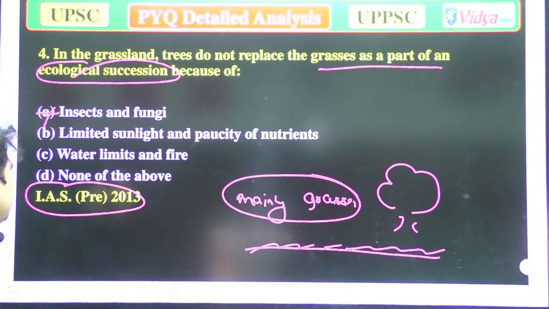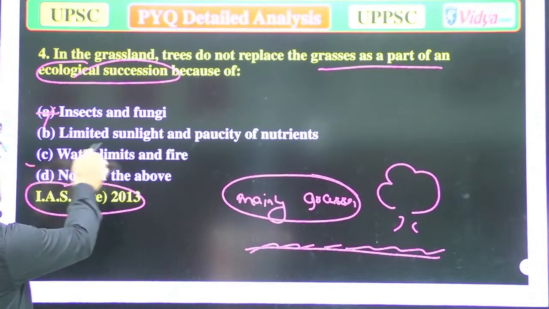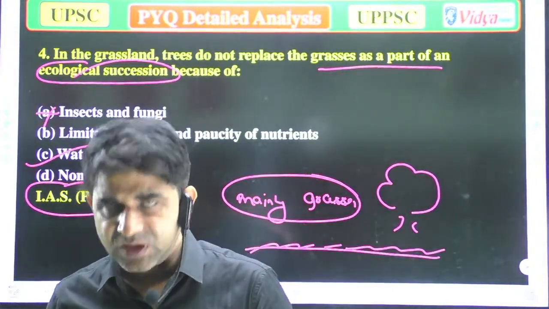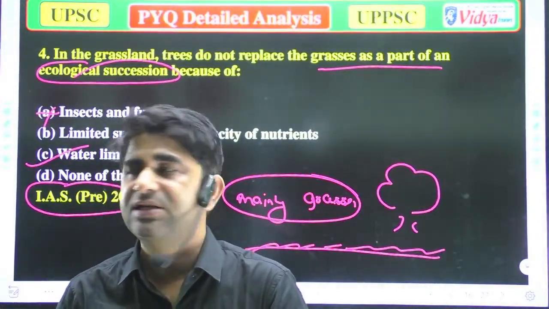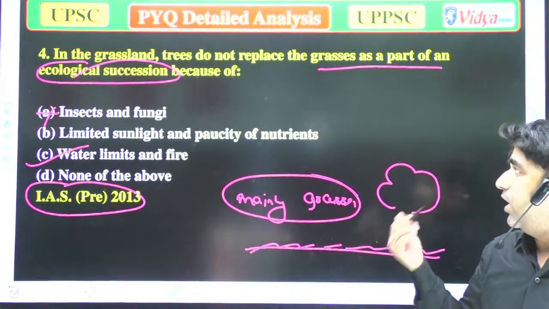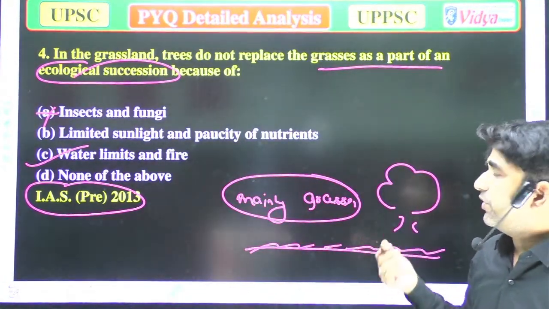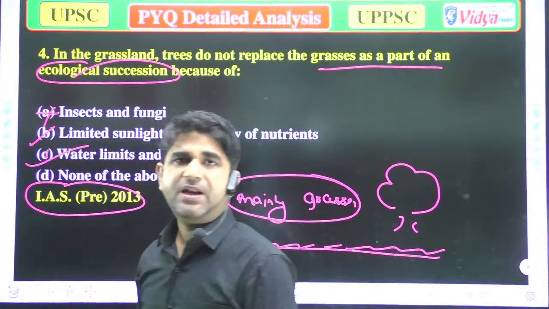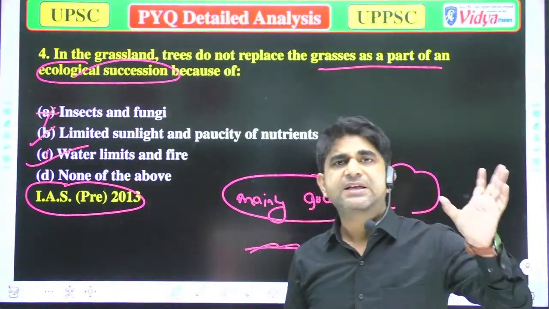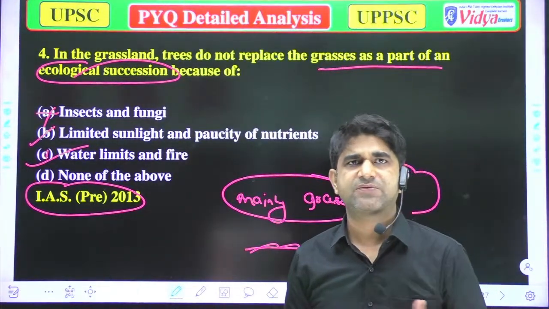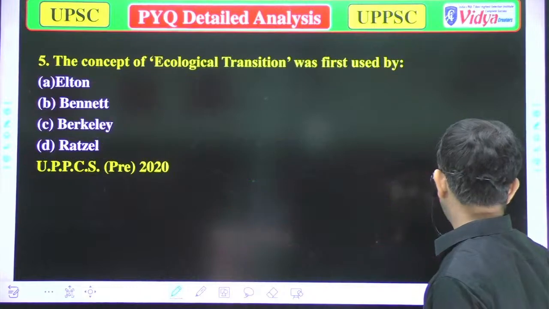The correct answer will be limited sunlight and paucity of nutrients. Mainly in grassland areas, the sunlight and nutrients are less. That is why trees cannot replace the grasses from a grassland. Now we'll move to the next question.